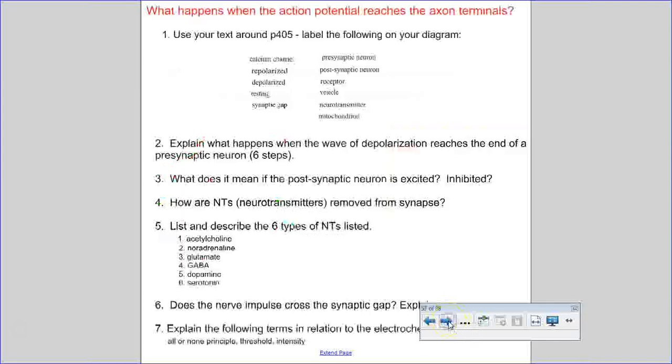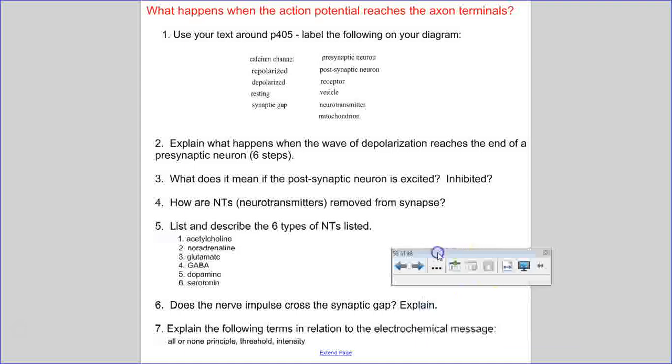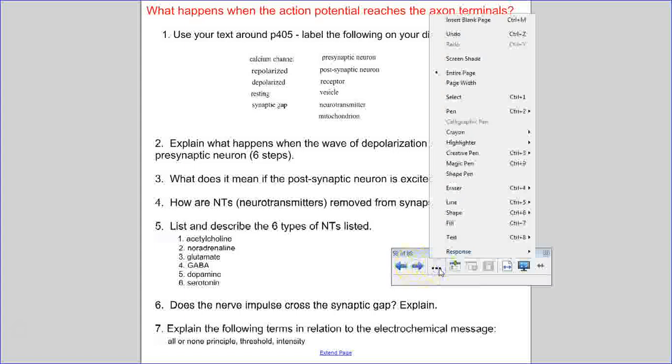Okay. Normally, in order to cover the chemical part of the message, I usually assign these questions. The first is to actually label the neuron and the gap, and both the pre and postsynaptic neurons and the regions along the neuron and things like that. And then I get you to answer certain questions about it. So tell me, what are the steps that happen whenever the electric part of the message reaches the axon terminal?